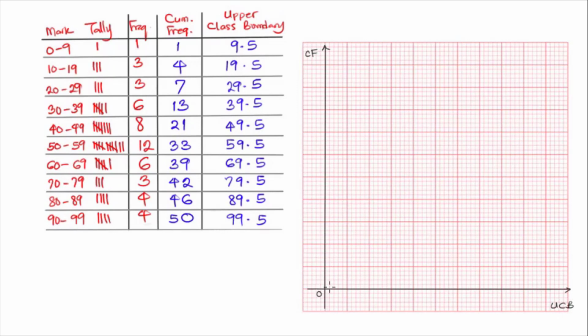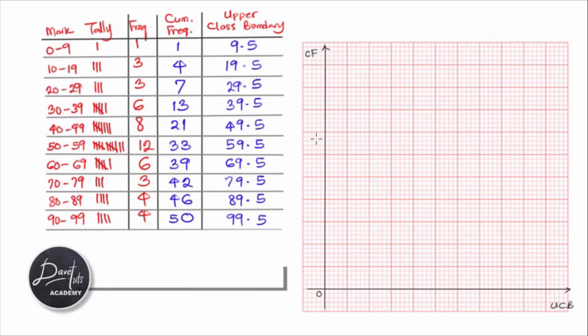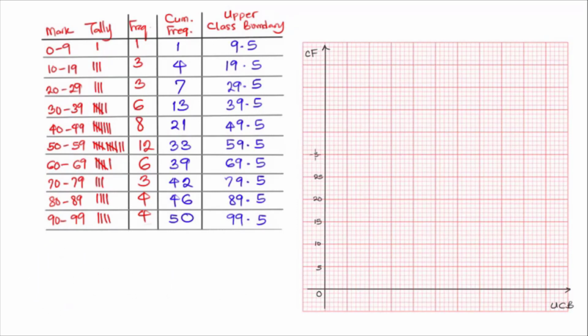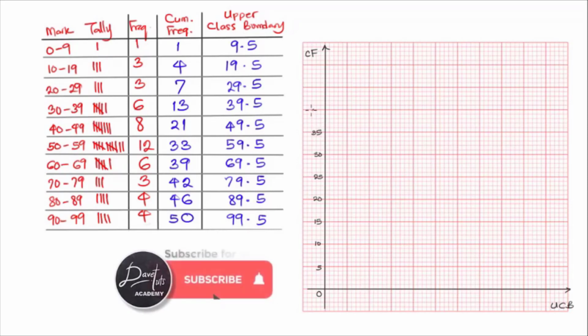And then the class boundary, we're having 9.5 to 99.5. If we look at the divisions on our graph and we have decided to append in units of 5, we can see 25, 30, 35, 40, 45, 50. That caters for all the data entry that we have.